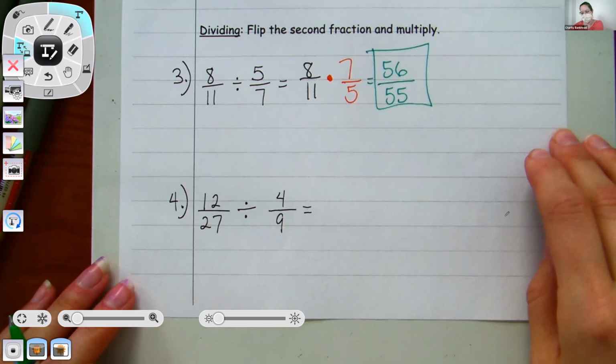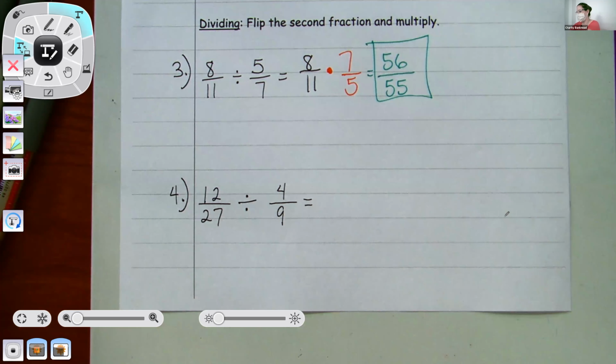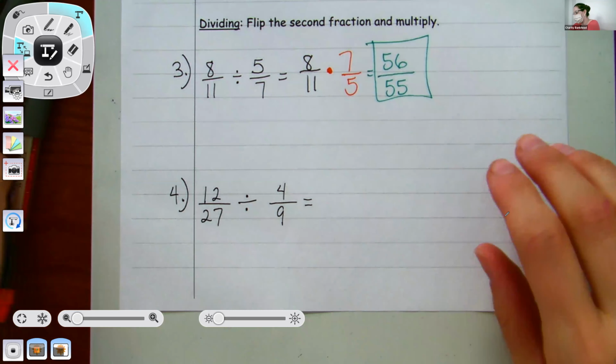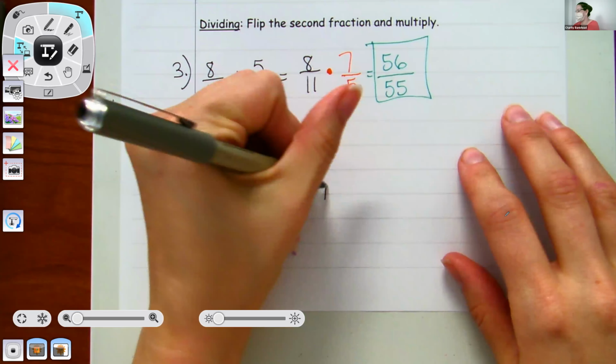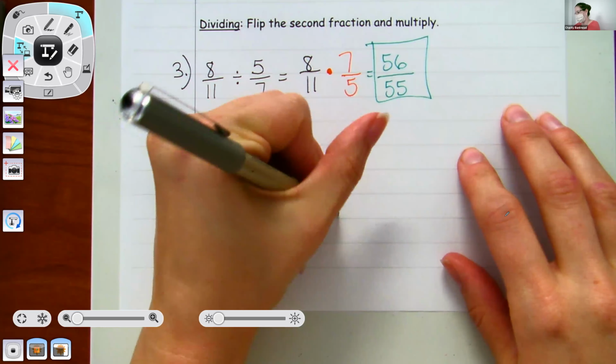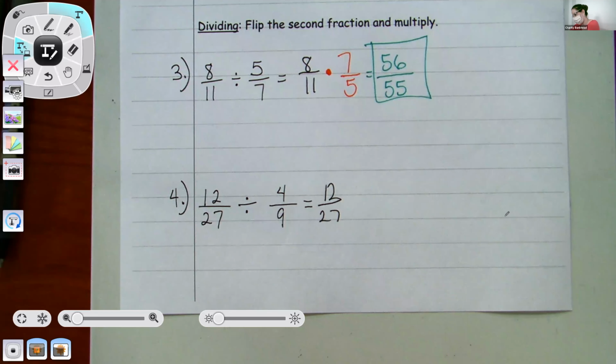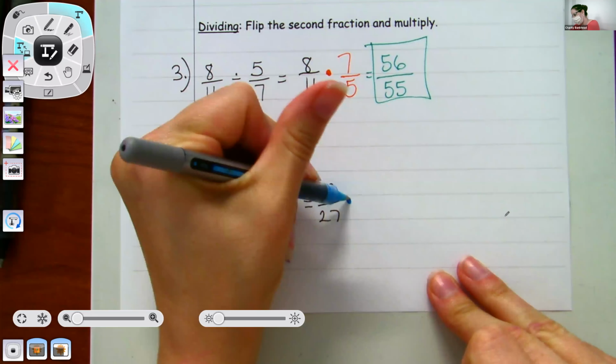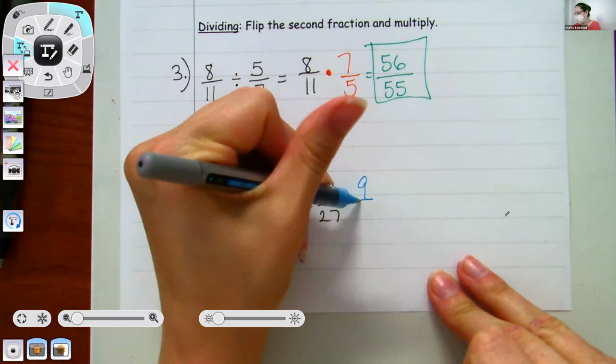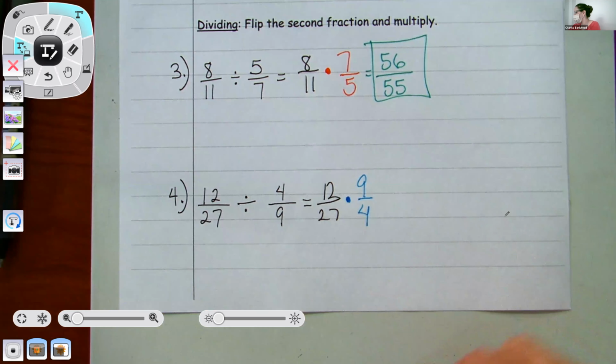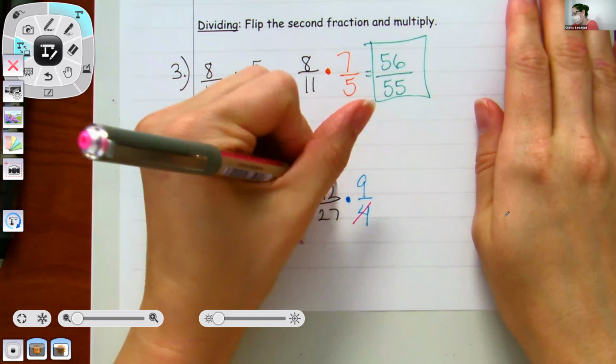All right, number 4. Okay, so 12 over 27, and then that would be multiplied by 9 over 4. All right, and we can definitely reduce a lot of stuff there. 4 goes into 12 3 times. 4 goes into 4 one time.